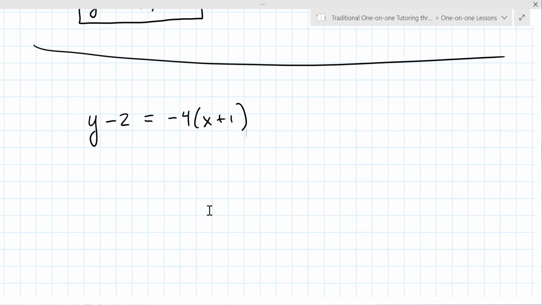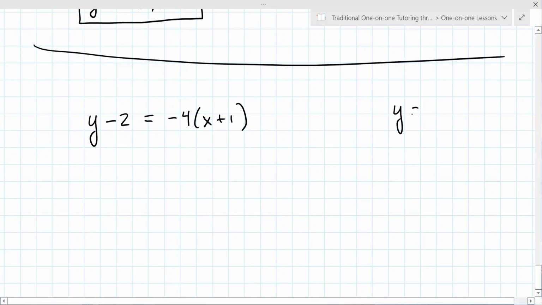The answer I got was y equals -4x minus 1.